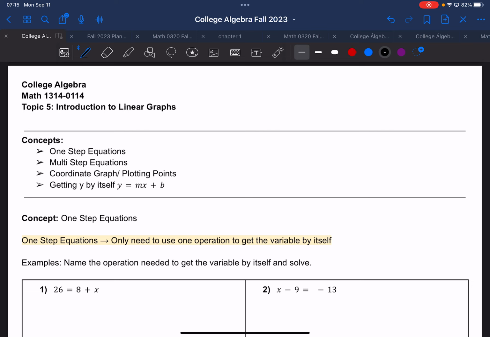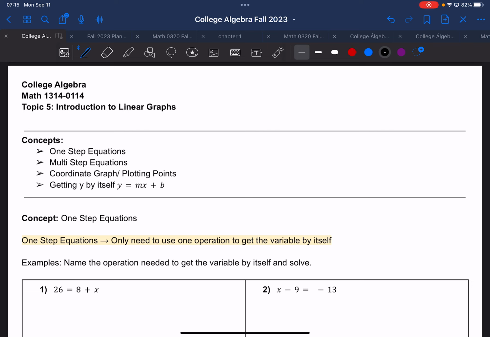So just remembering how we label a coordinate graph, which coordinate is 1 versus which is 3. And then lastly, getting y by itself so we can form y equals mx plus b. Getting y by itself is the concept of literal equations.